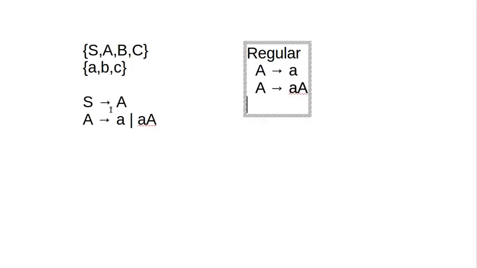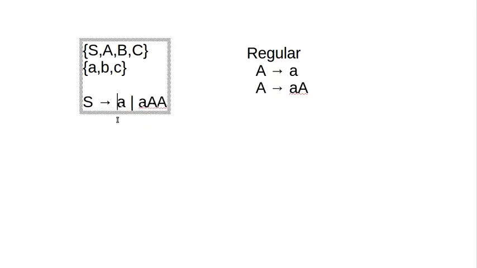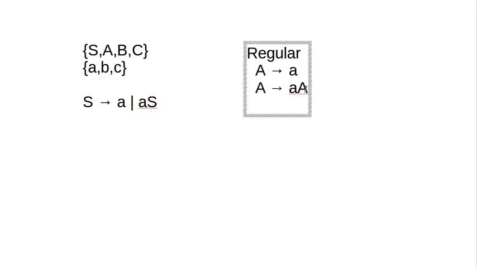Note that this can be simplified if I wanted to make this truly fit the values for the regular grammars by doing that. In fact, that option there is exactly what we'd have.